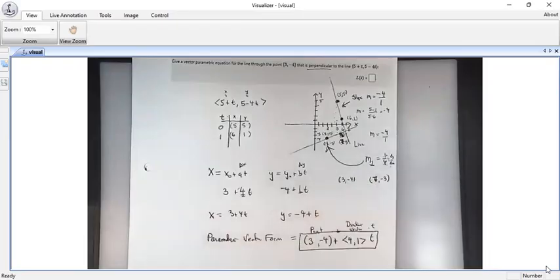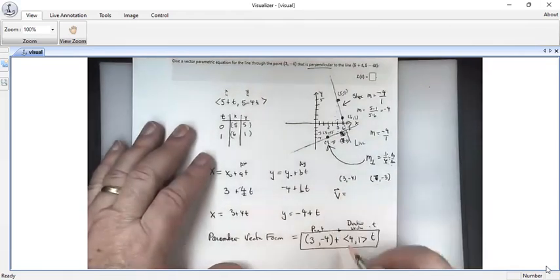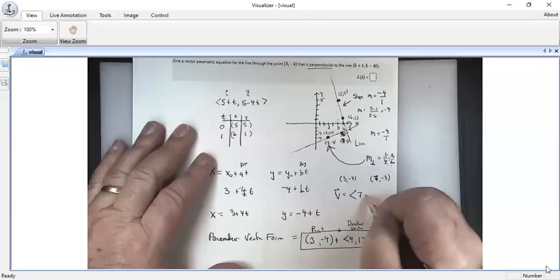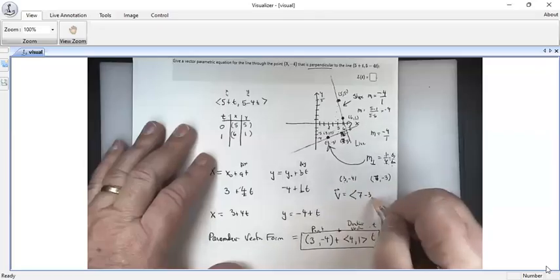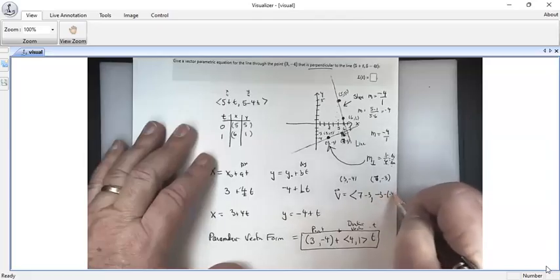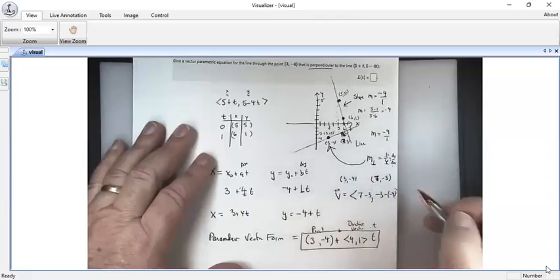How do you find a vector? Got 2 points. How do you find a vector? End minus beginning. All right, Merry Christmas. You want your vector? You got it. End minus beginning on the axis. 7, -3. End minus beginning, comma, end minus beginning. -3 minus -4. End minus beginning, right?